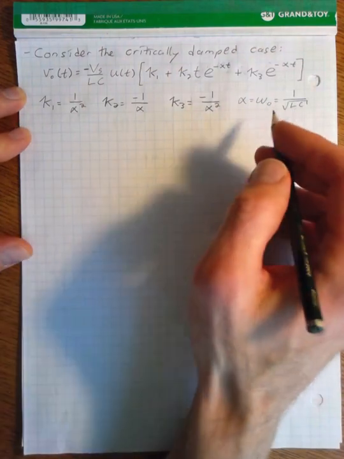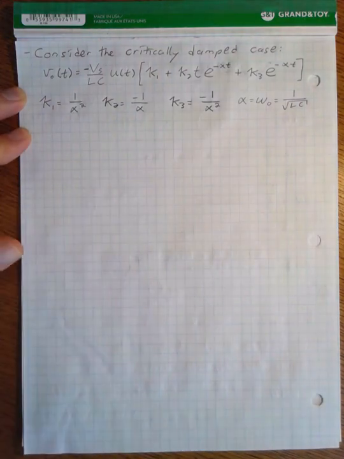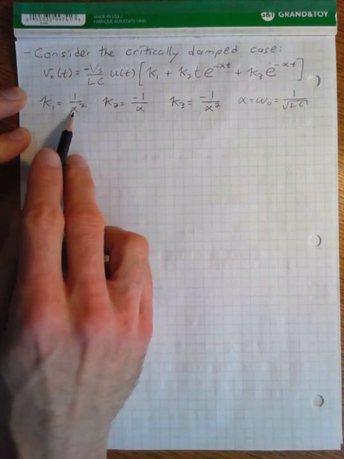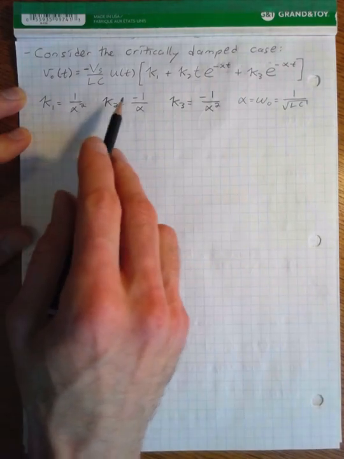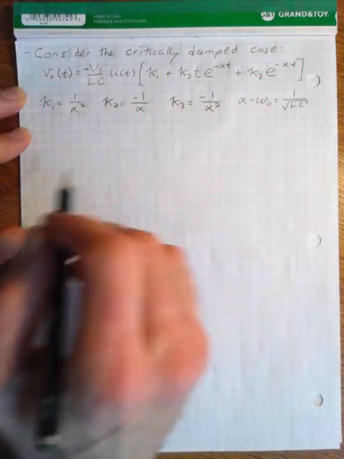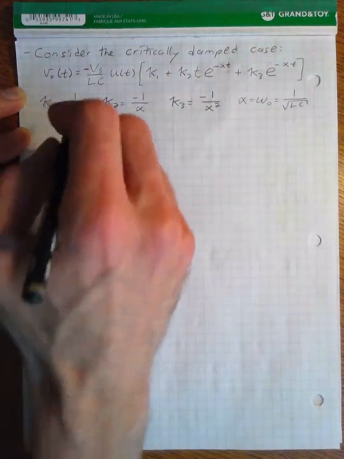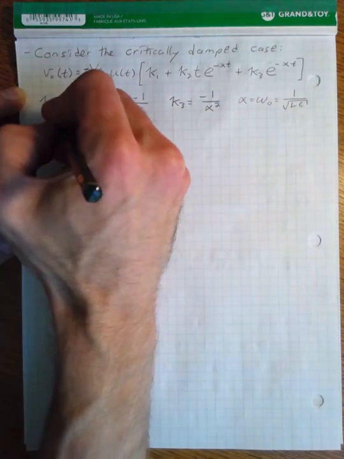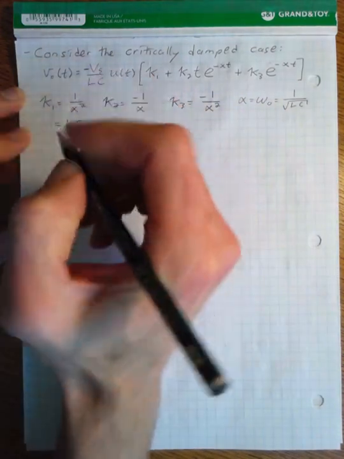Just to show how our shortcut's going to work, I'm going to put this equation in terms of L and C. So 1 over alpha squared, if alpha is equal to 1 over root LC, is just equal to LC.